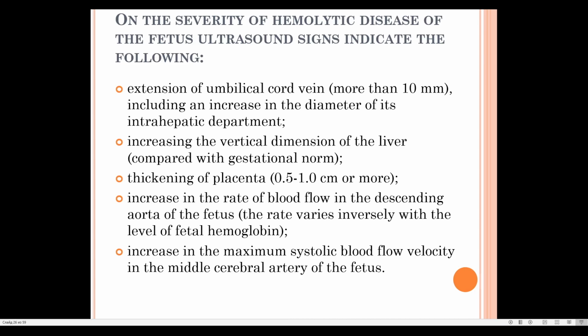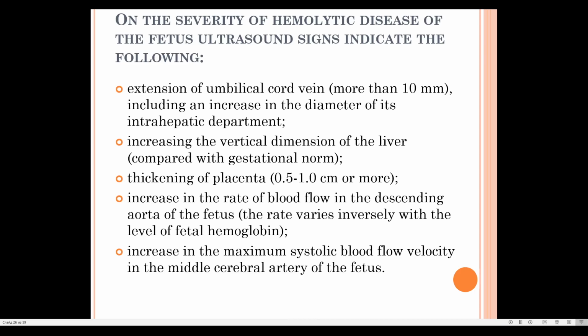Increase in the vertical dimension of the liver compared with gestational norm. It happens because of swelling and edema of the liver. Thickening of placenta. Normally it is 0.5 to 1 cm, and in this case it should be more. And thickening of placenta happens because of its swelling and edema.